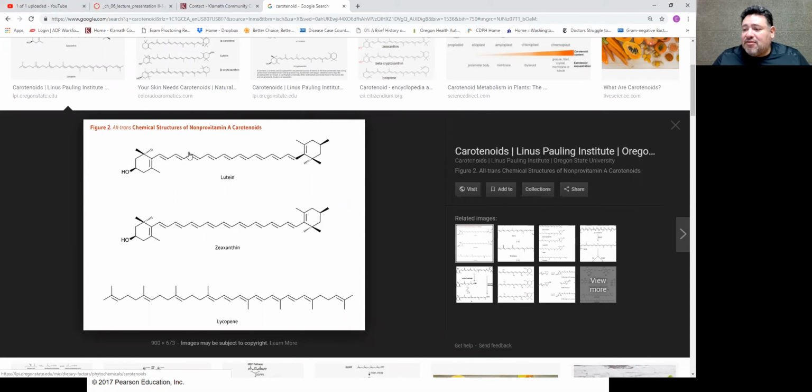Single, double, single, double, single, double, okay? That's typical of carotenoids. Why do we care? In this alternating single-double system that is said to be conjugated, okay, because it's single-double, there's p orbitals, both above and below the molecule, that can accept electrons readily, okay?